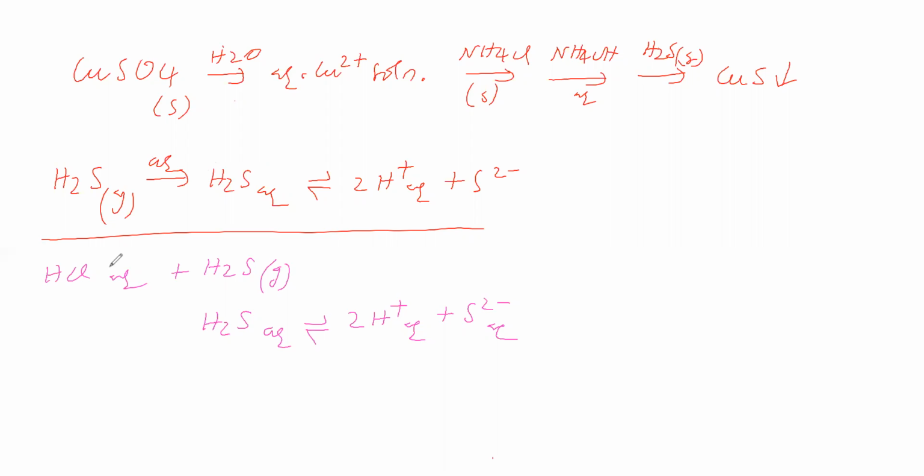Now you are taking aqueous HCl and passing H2S gas into it. H2S gas dissolves in water and becomes aqueous H2S. It ionizes as H+ and sulfide ions. Between aqueous H2S and H+ and sulfide ions, equilibrium is there.